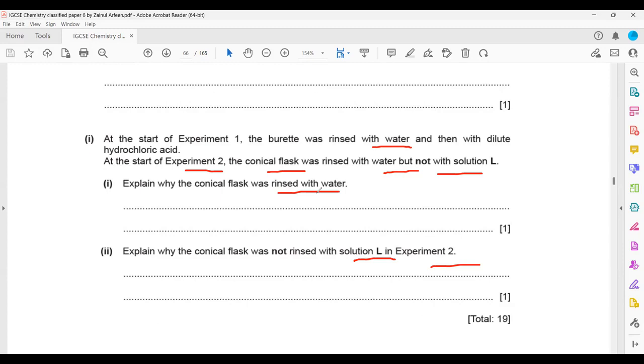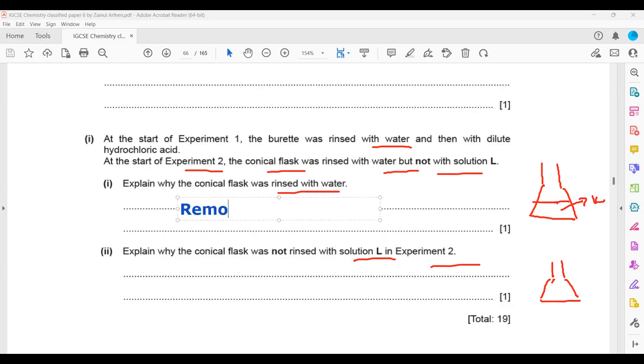So what might be a reason for that? Not about the reaction, because the question mentions that when we did the first experiment with K, when we finished it, we rinsed the conical flask with water. Why do we rinse the conical flask with water?